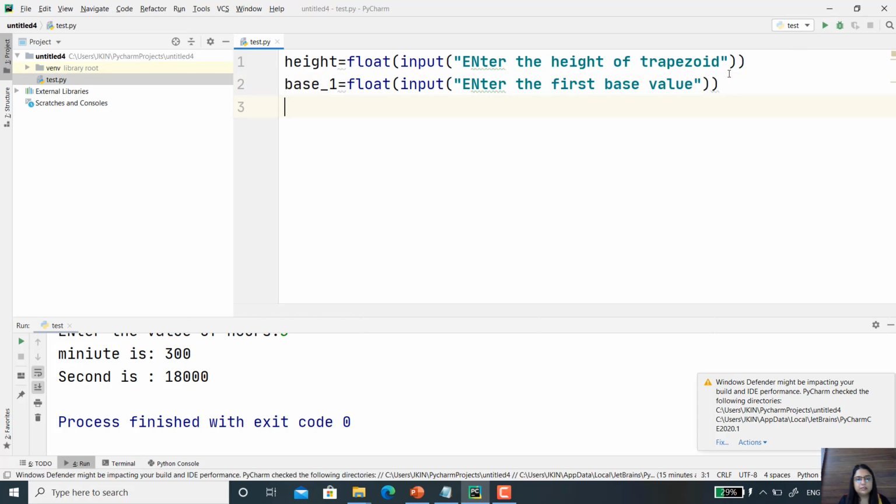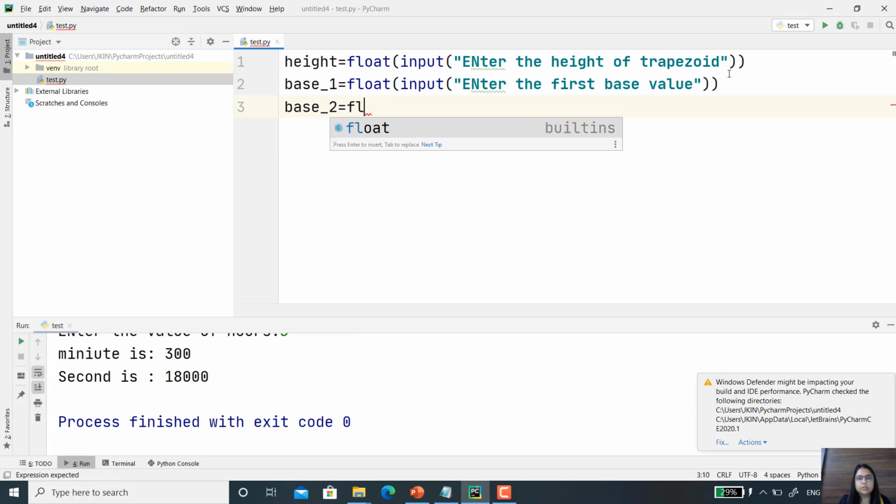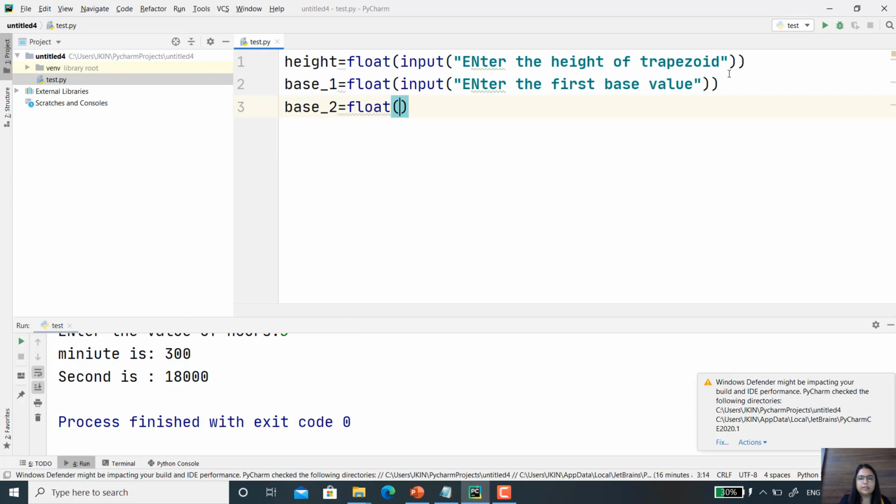Now the third variable I am taking is base underscore 2, that equals float, and here the command is input and then enter the second base value.